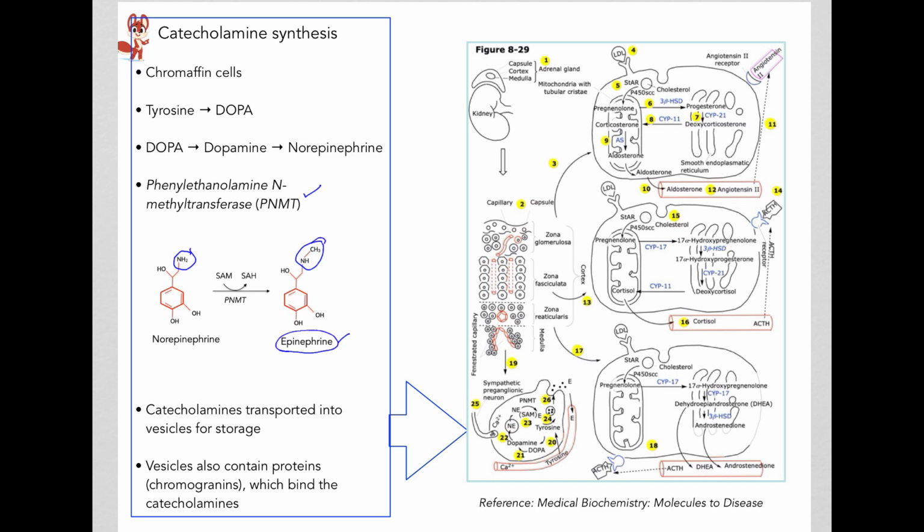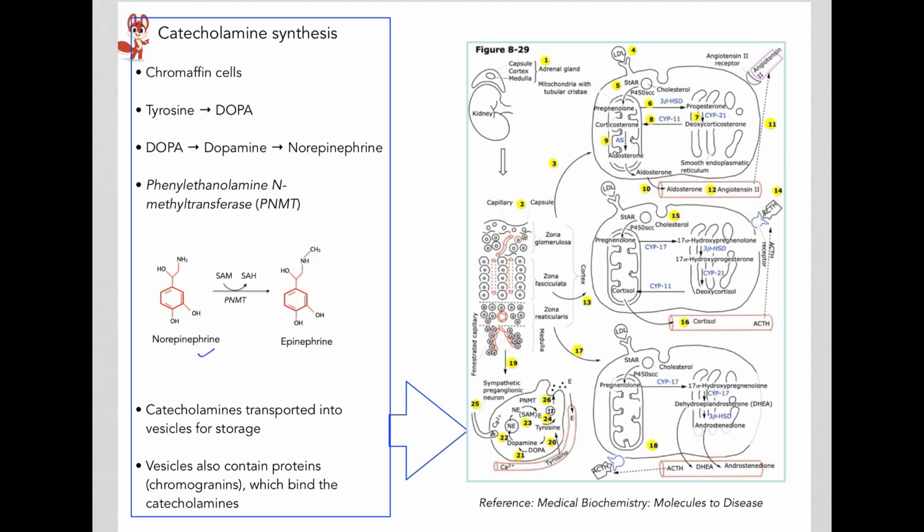And this methyl group, the CH3 group, comes from the chemical called S-adenosylmethionine, or SAM. As we discussed in the previous video, SAM is a very important methylating agent that provides methyl groups to many chemicals that we find in our body.